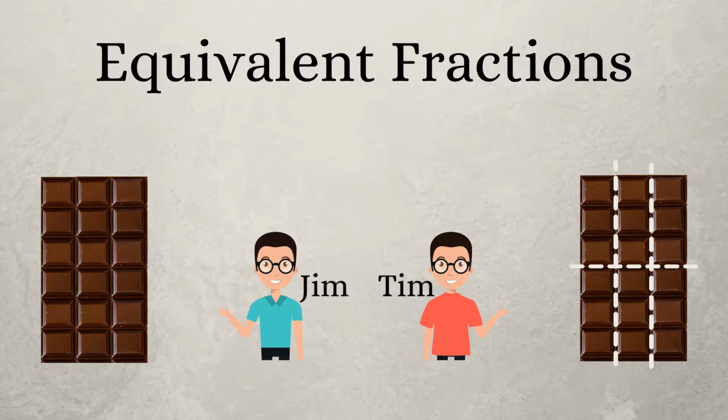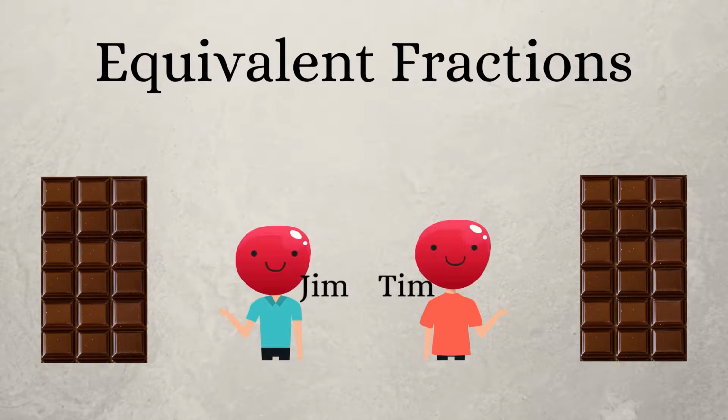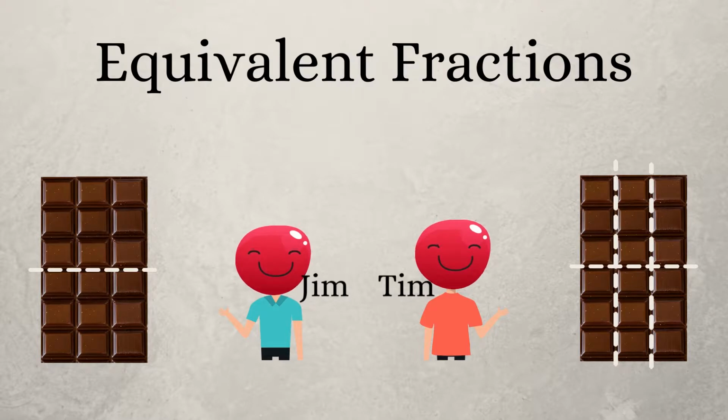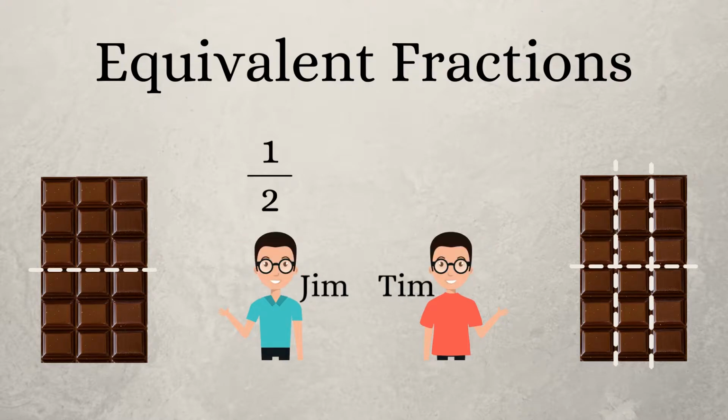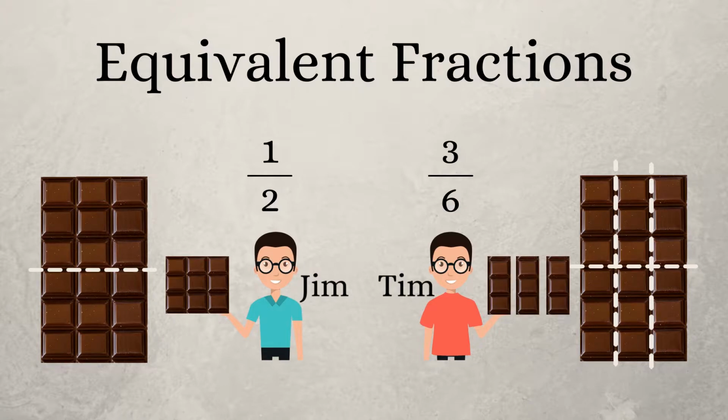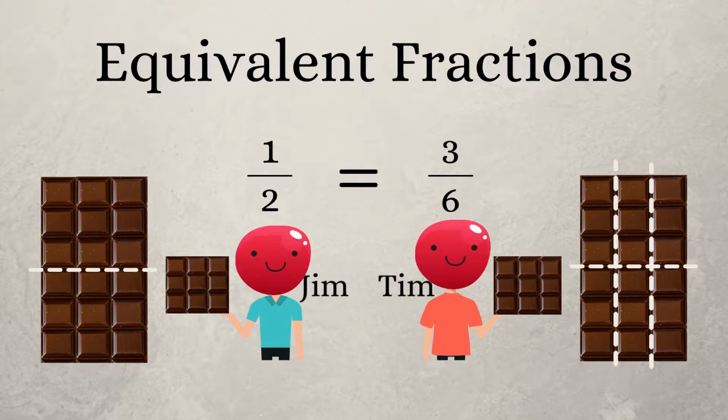Let's try to make both Jim and Tim happy this time. But there is a little trick here. We'll give them different fractions of the chocolate, but ending up in equal amounts. So, if Jim is given 1/2 of the chocolate and Tim is given 3/6, they both end up getting equal pieces.